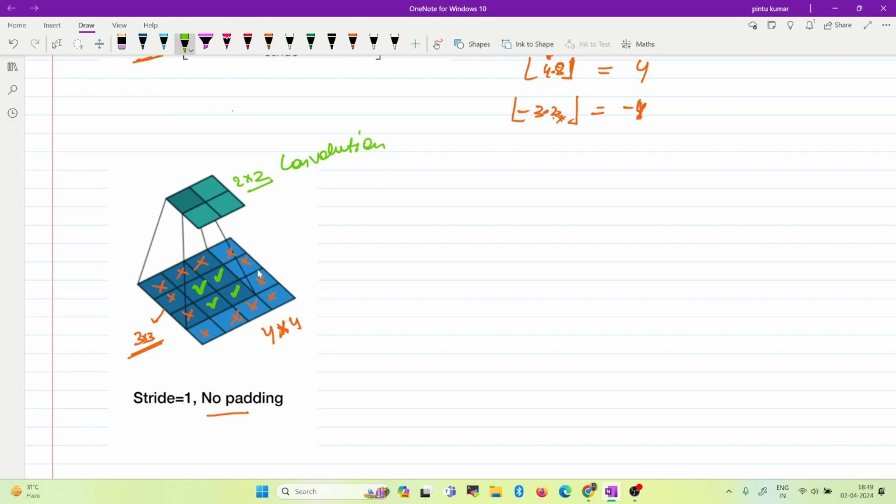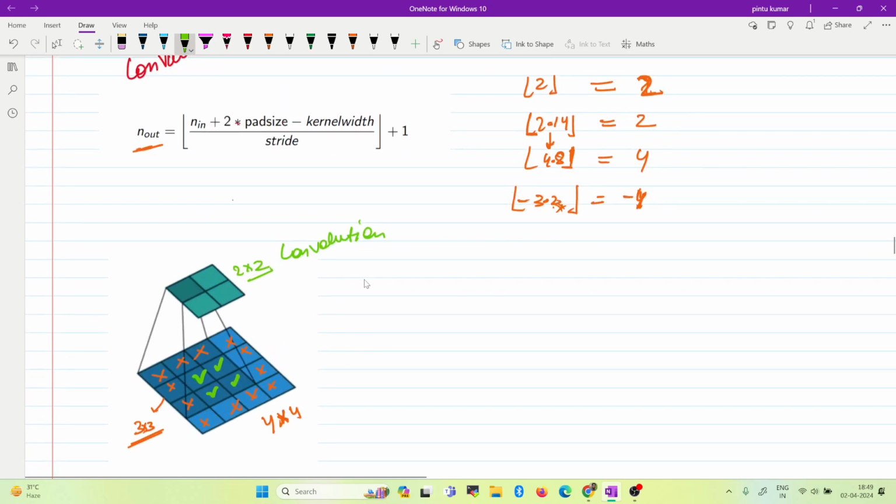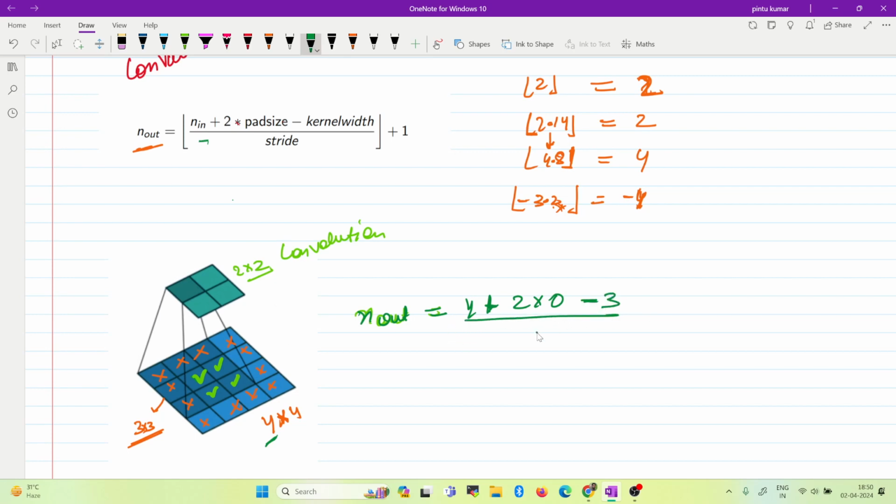Now you can verify this using the formula that has been written above. So what does that say? N out is given by N in, so N in is 4, plus 2 times the pad size, which is 0, minus kernel width, that is 3, divided by stride, floor function, plus 1.